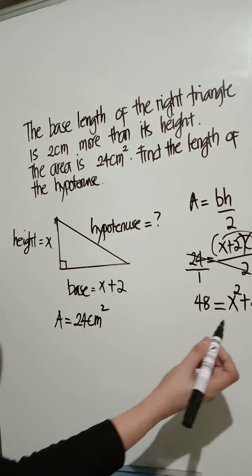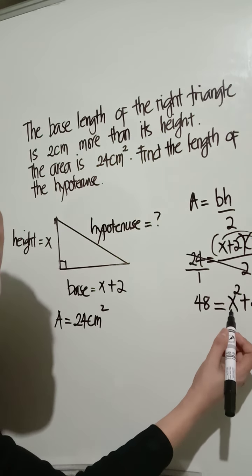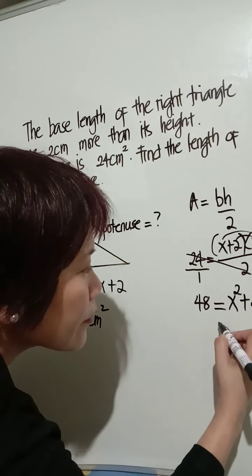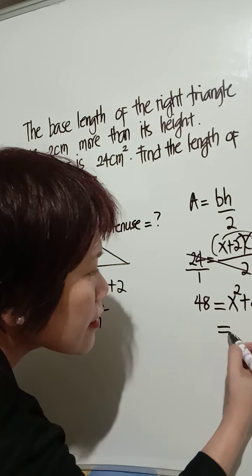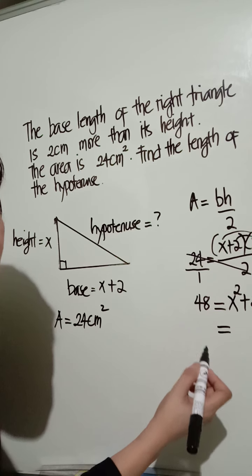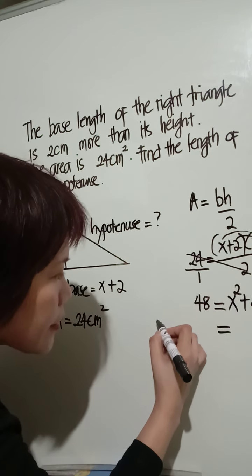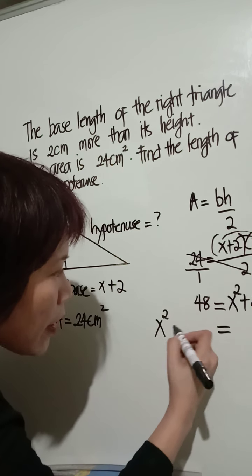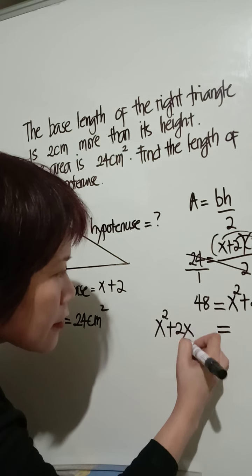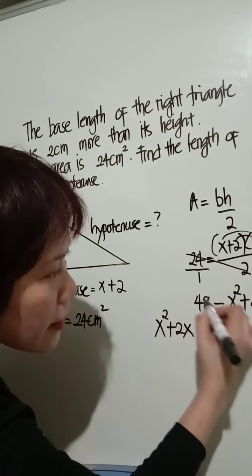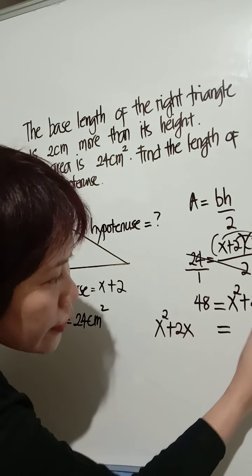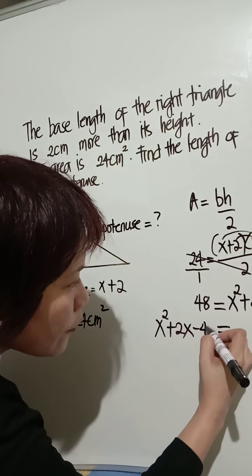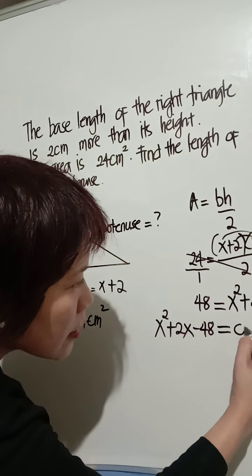So let us write the quadratic equation in standard form. Its standard form is x squared plus 2x, copying this, and then you just transpose the 48, so it's negative 48, equals 0.